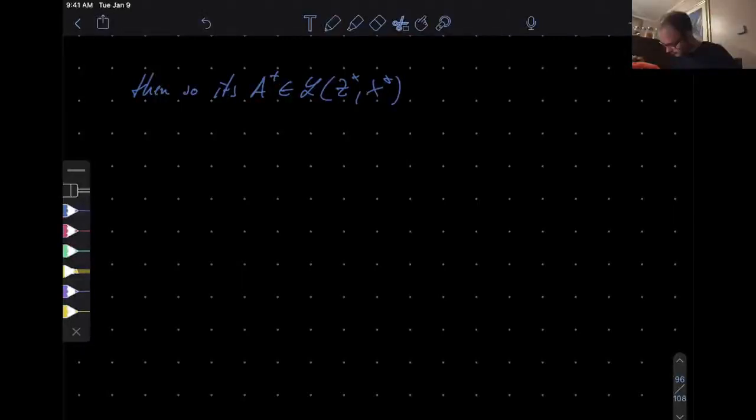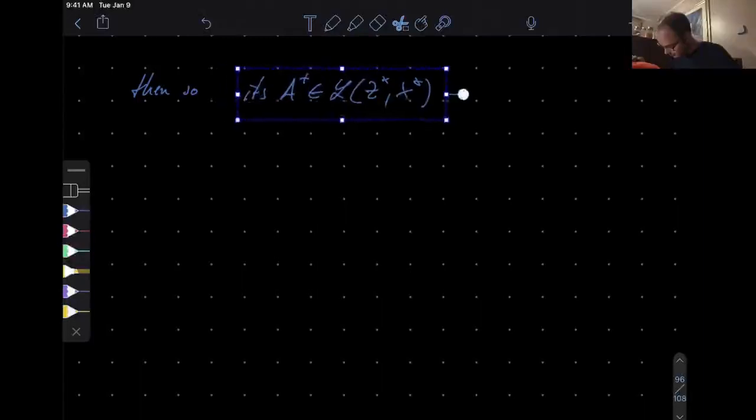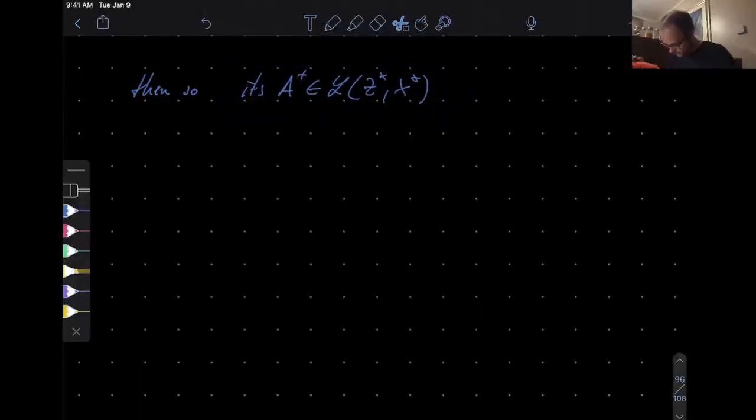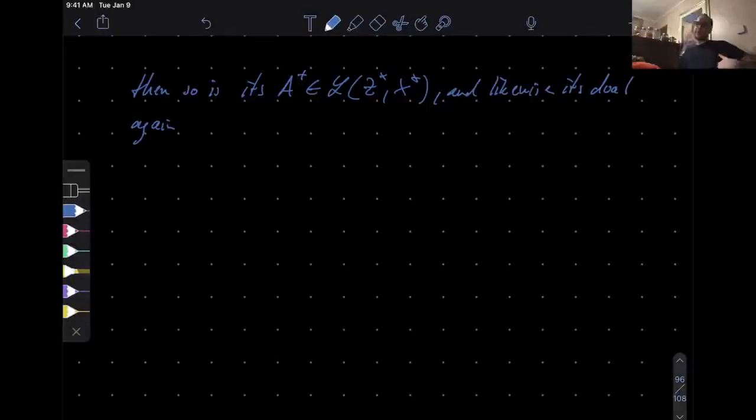Then so is its dual, and likewise its dual again. So now you take the dual transformation of the dual transformation.